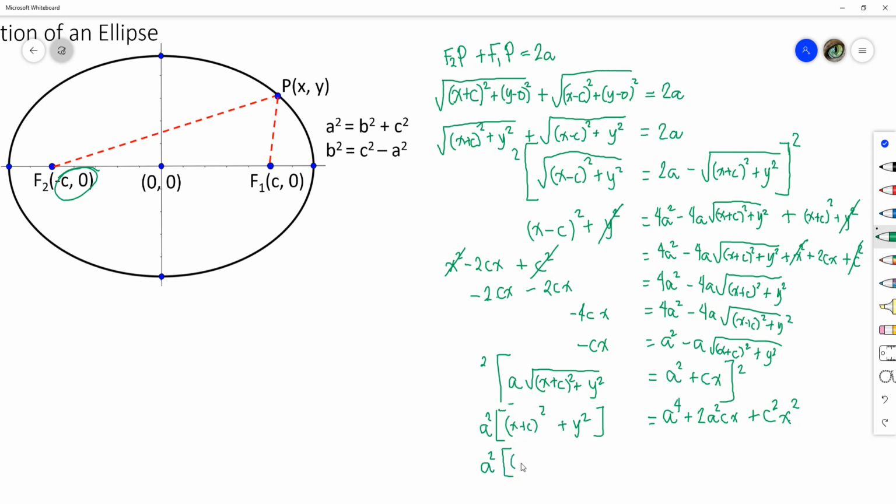We have x squared plus 2cx plus y squared. That's equal to a to the 4th plus 2a squared cx plus c squared x squared.